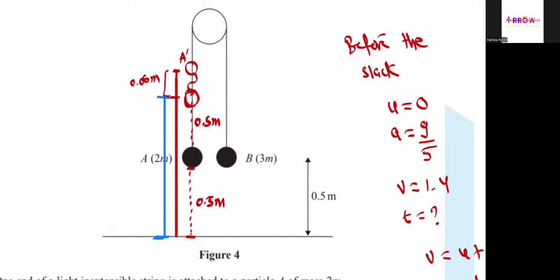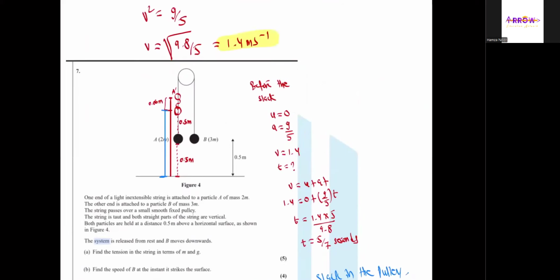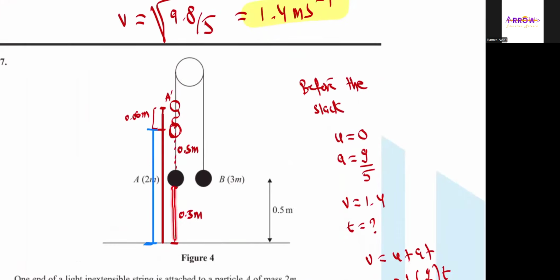So what we are going to find is the point where particle A reaches a height of 1.06 meter above the surface. 0.5 meter is the initial distance. Then particle B will cover 0.5 meter when it strikes the ground, so obviously particle A will also cover 0.5 meter above its initial position. So 0.5 plus 0.5 will give you 1.